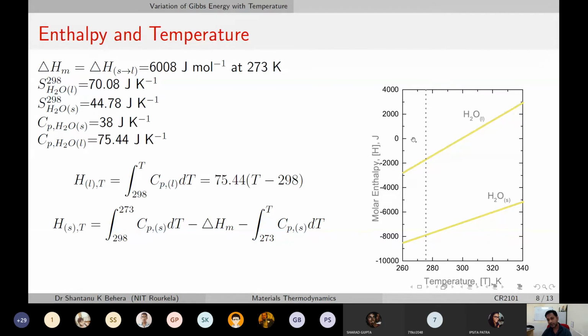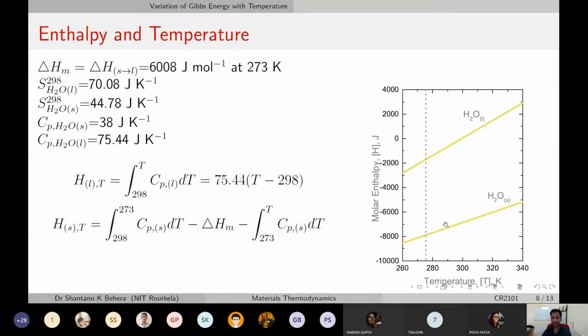And for any other form, or the enthalpy of liquid water at other temperatures, we take reference from here. All right, and this is the curve of the enthalpy of solid water and how it changes with temperature.